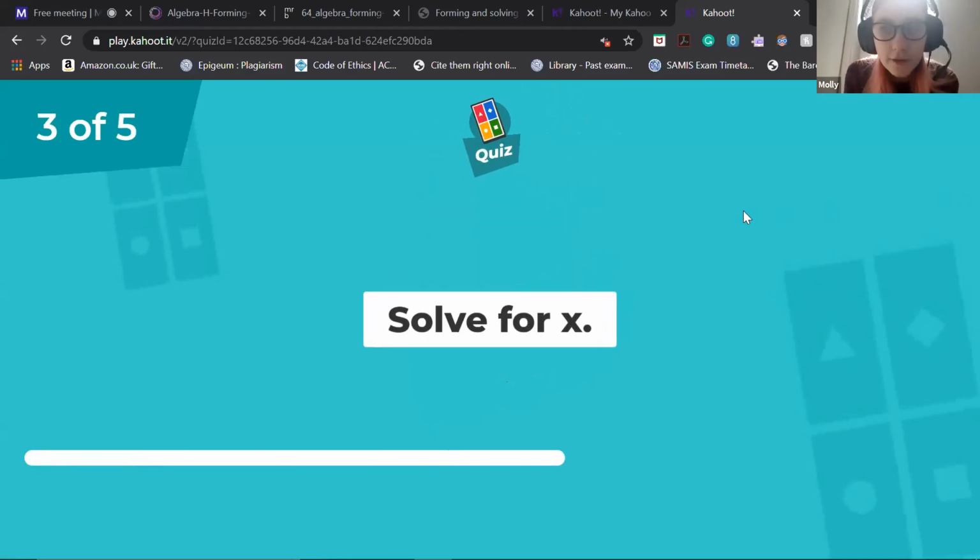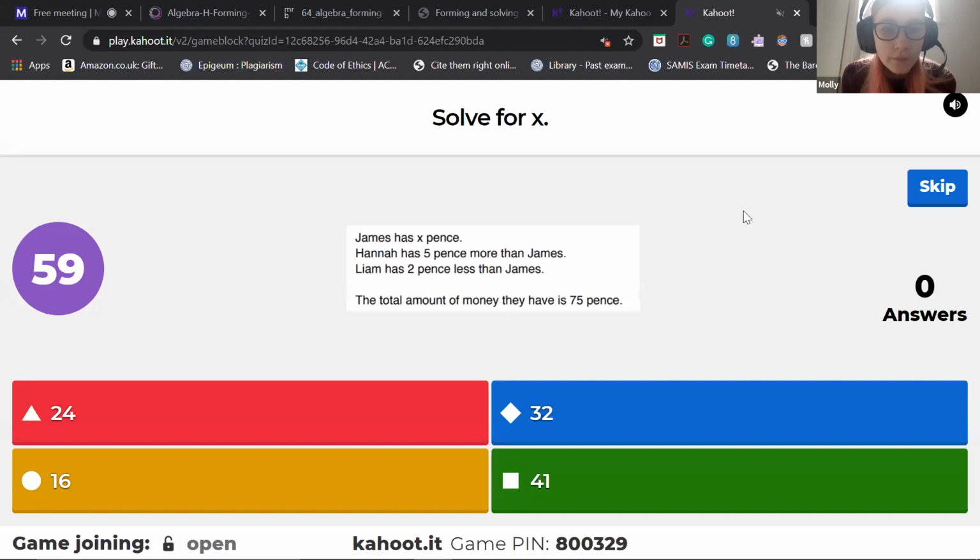Okay, let's have a look at this question then. Okay, and another one that's not geometry. So we've called something x here. See what equation you can form that will tell us.